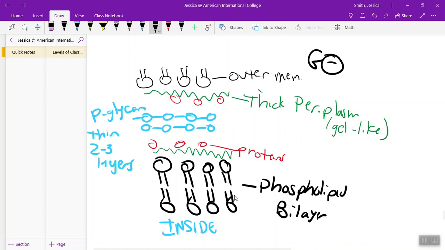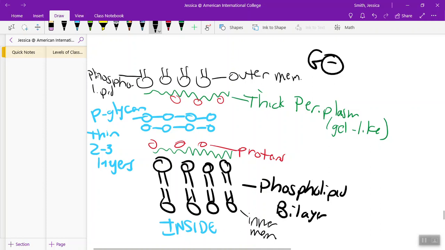So really, this one down here was an inner membrane, and this one's the outer membrane. But what's unique about the outer membrane? The first layer, again, it's a bilayer, but the first layer is going to be phospholipid.